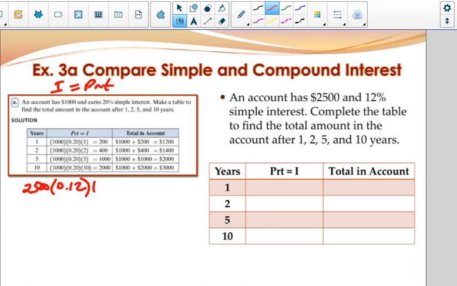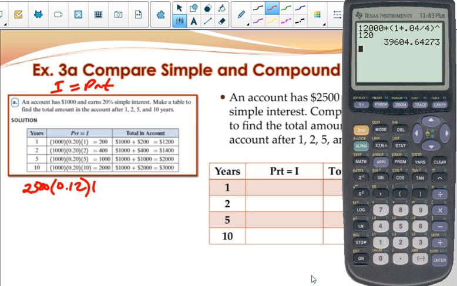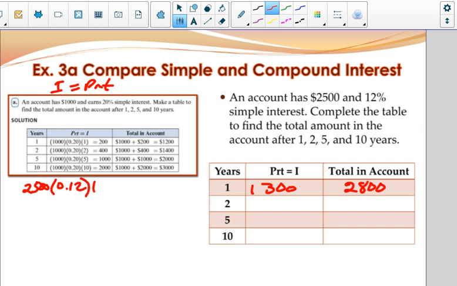If you figure out how much interest would be paid, you do your 2,500 times the 0.12 times the 1, which gives you 300. So you're adding 300 to what you originally had, which gives you a total amount of 2,800.